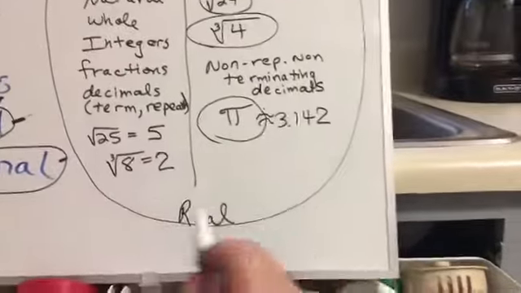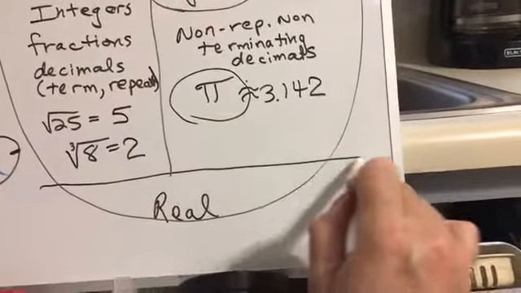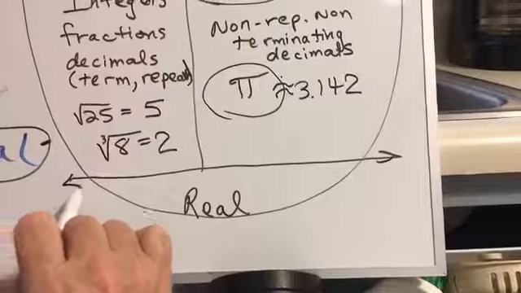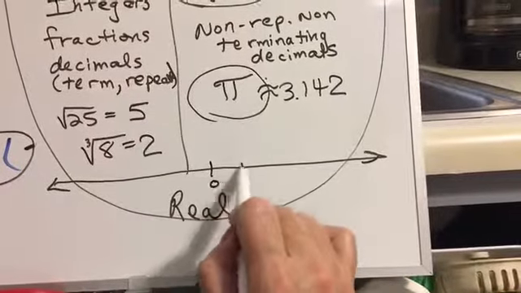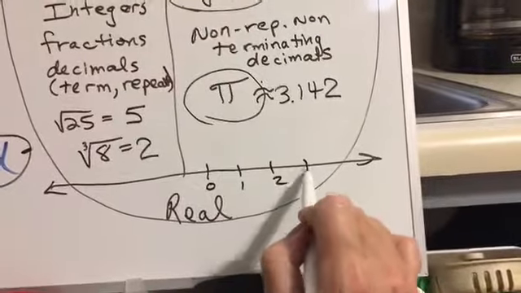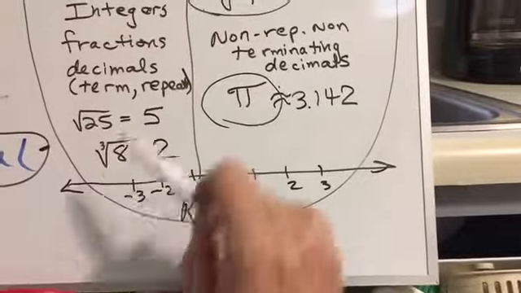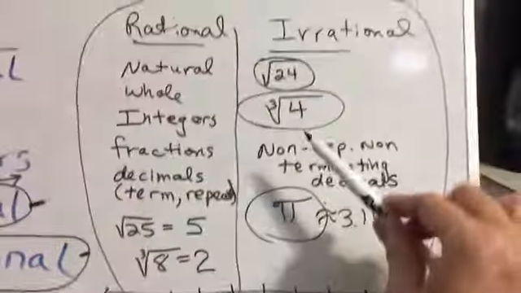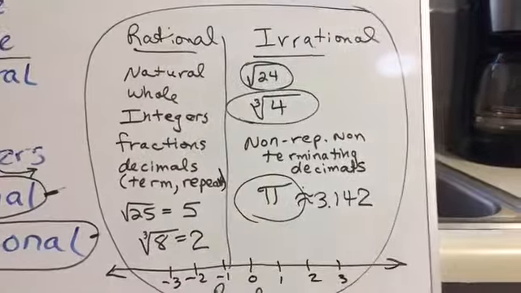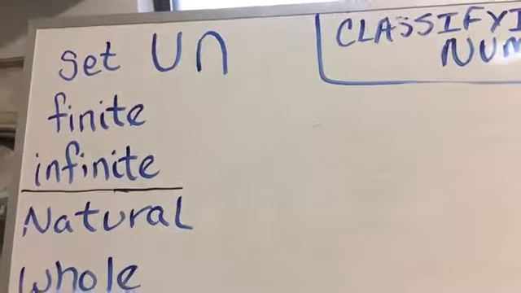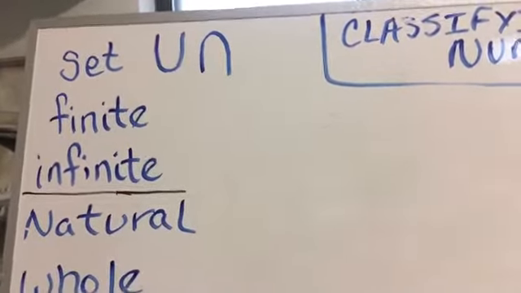That means that every number that is on the real number line that we usually write 0, 1, 2, 3, dotted all the way, keeps on going, and every number that is on that real number line is either rational or irrational. So let's talk about what these words mean at the top.